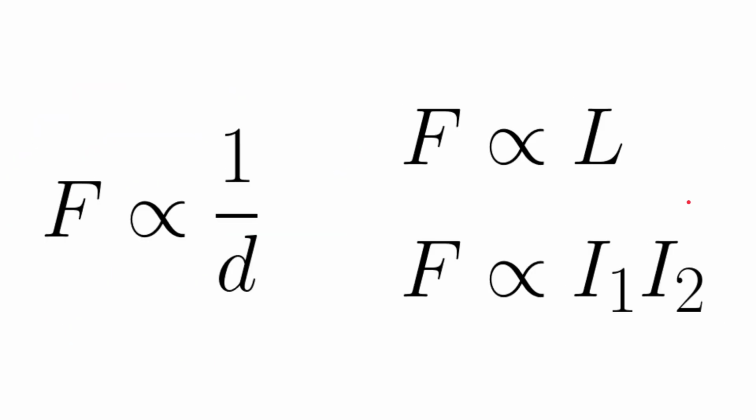Ampere's force law states that the force of attraction or repulsion between two wires is proportional to their lengths and to the intensities of the currents. And also, the force between wires is inversely proportional to the distance.